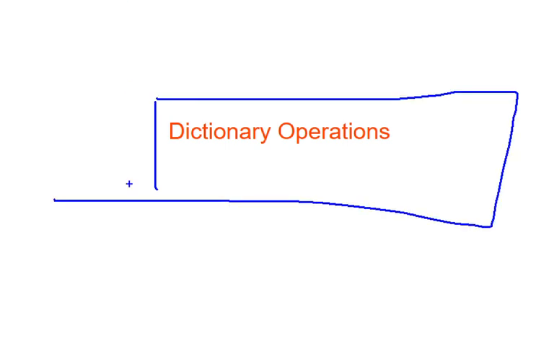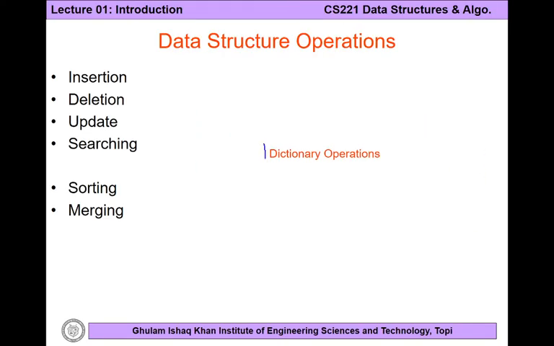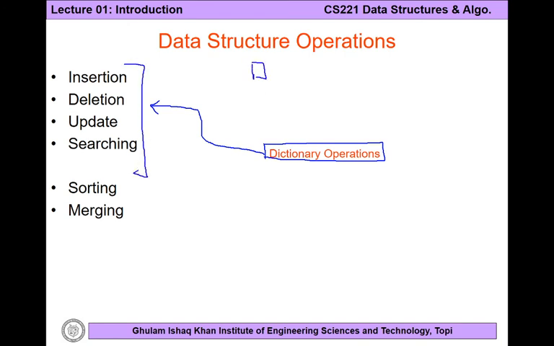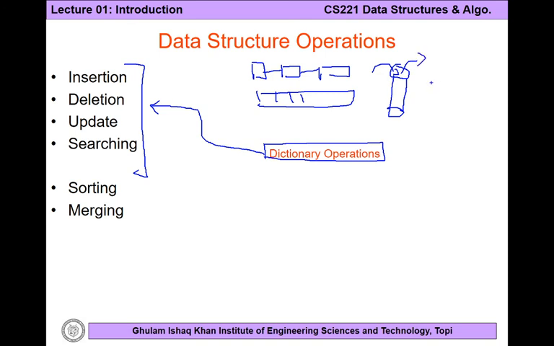So the purpose of a data structure generally is to make sure that the proposed data structure, whether it be a linked list, an array, a stack, or a queue, performs well on these 4 operations. Generally speaking, we call these dictionary operations.